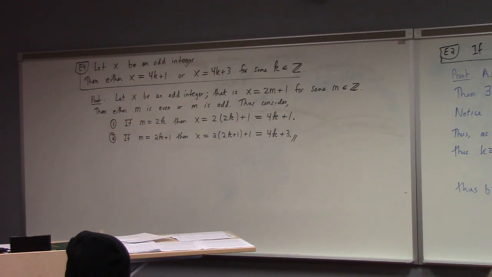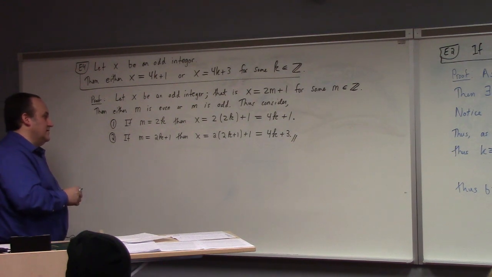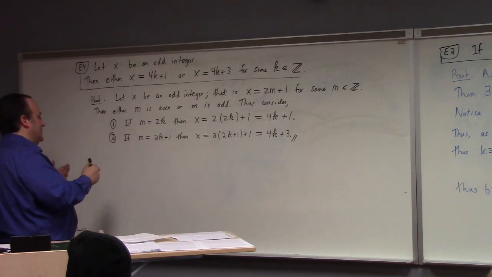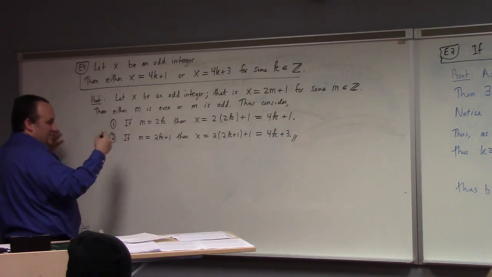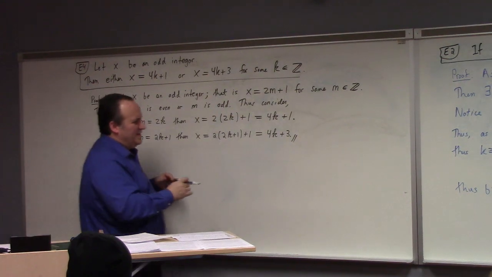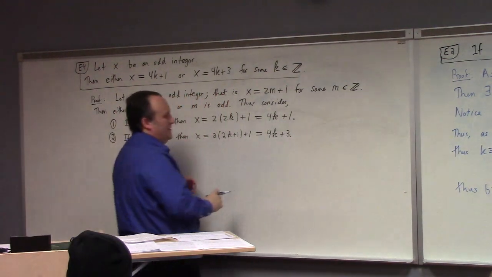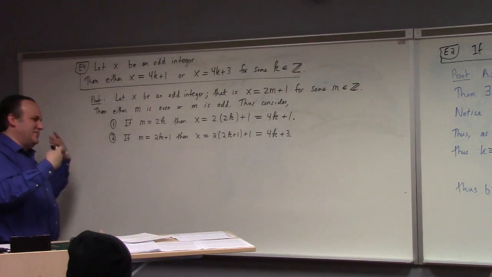I guess to be fussy, I should show that these cases are disjoint, shouldn't I? Because I've used this either-or language, right? How do I know? I mean, this is kind of dumb. Technically speaking, I am missing something here, aren't I? It's so obvious, I would sometimes forget it.